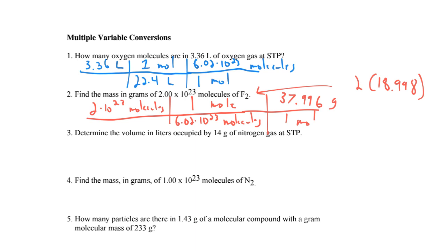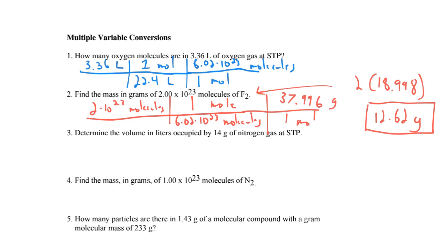I'll close the parentheses there, divided by, in parentheses, 6.02 times 10 to the 23rd, close parentheses, and I get 12.62 grams. So 12.62 grams of gas in this sample. All right, next we're going to do grams to liters.